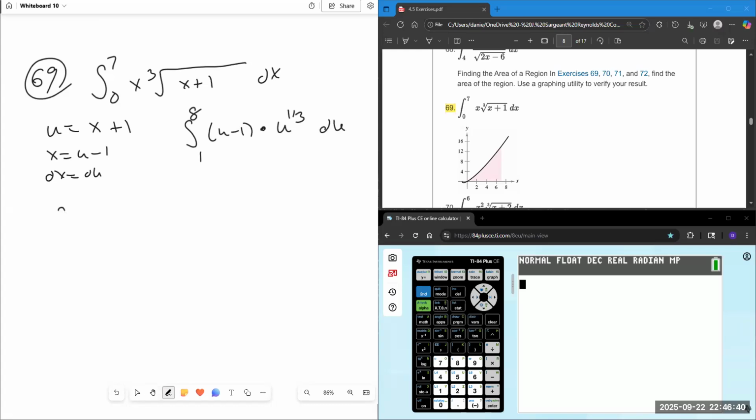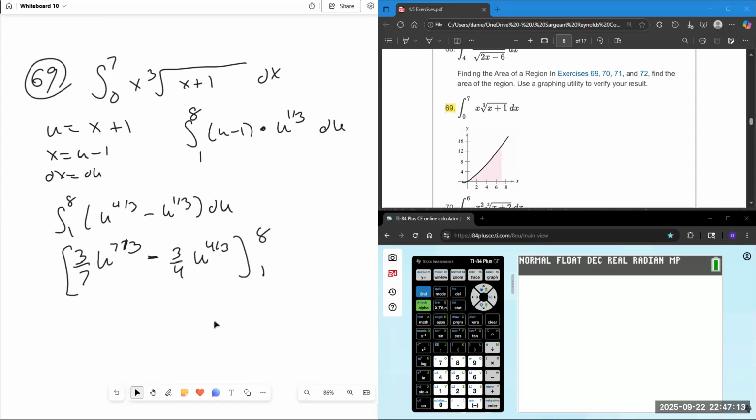So this is 1 to 8, u to the 4/3 minus u to the 1/3 du, is u to the 7/3 times 3/7 minus u to the 4/3 times 3/4. Evaluate that from 1 to 8.